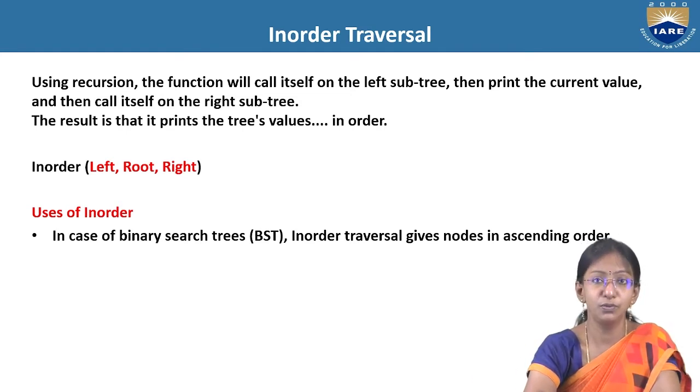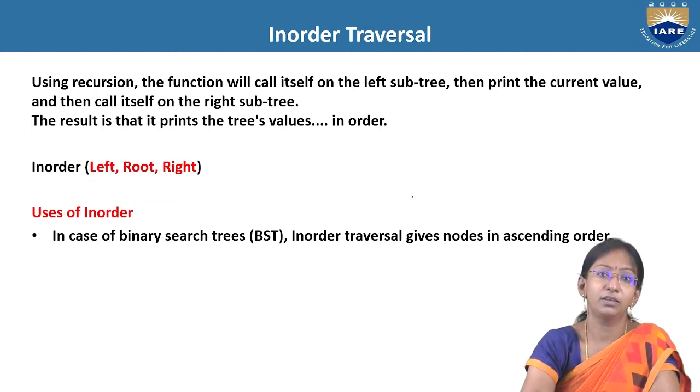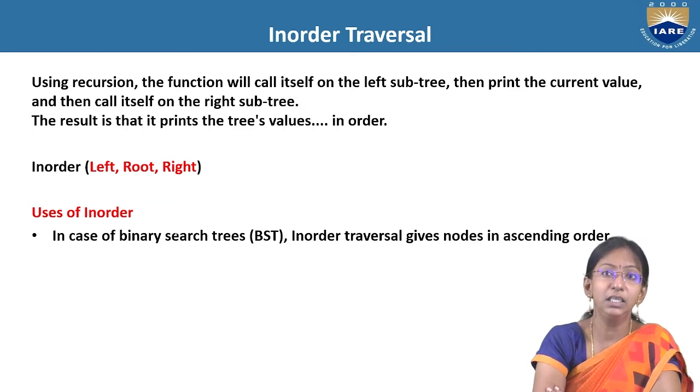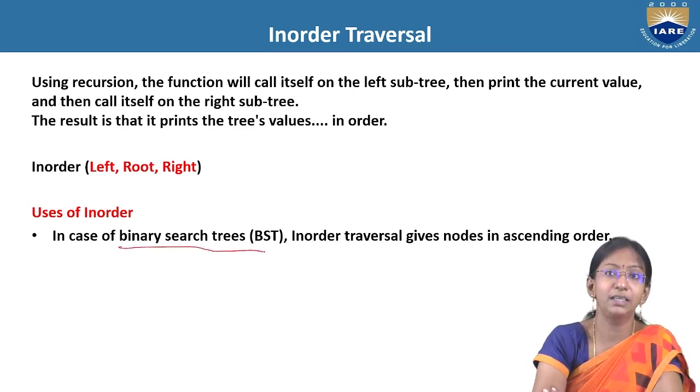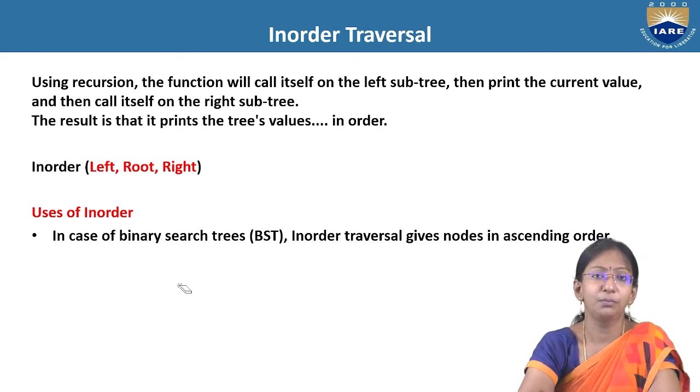The basic usage of in-order traversal is to get the data in ascending order in the case of binary search trees. The conditions apply, my dear. When storing data in a binary tree, it does not impose any rule saying that the left-hand side data should be smaller and the right-hand side data should be higher.